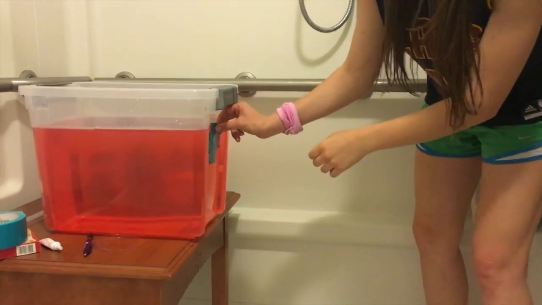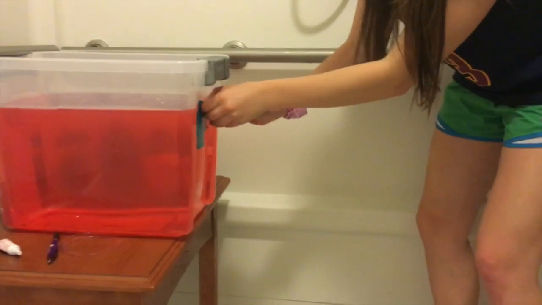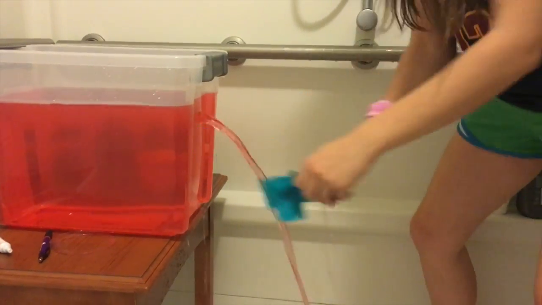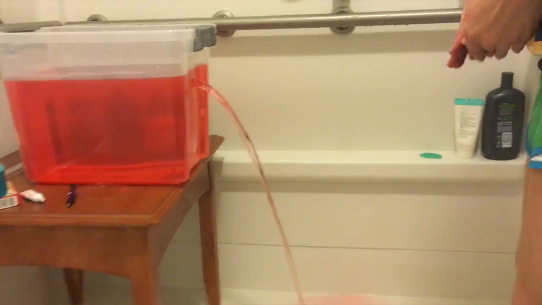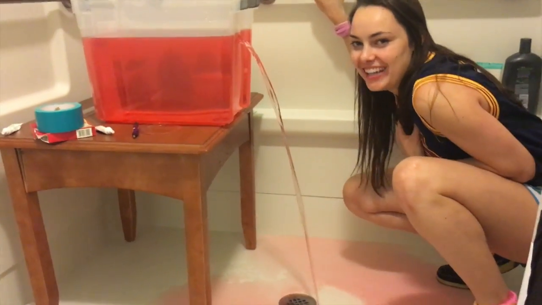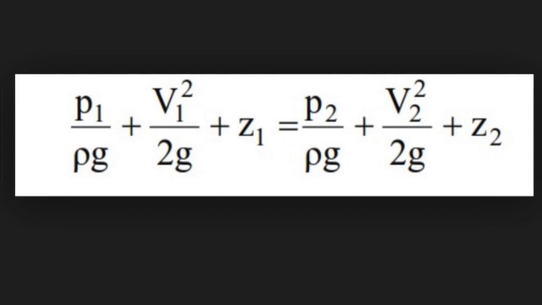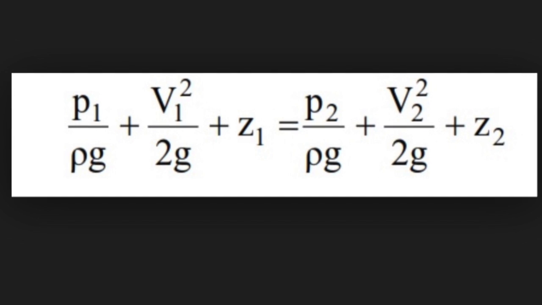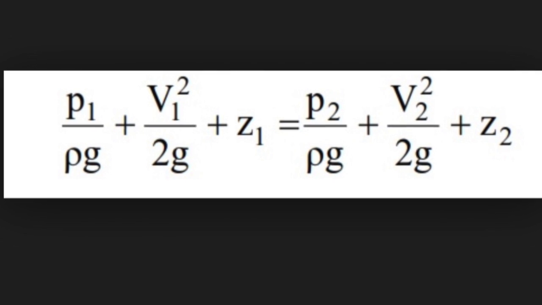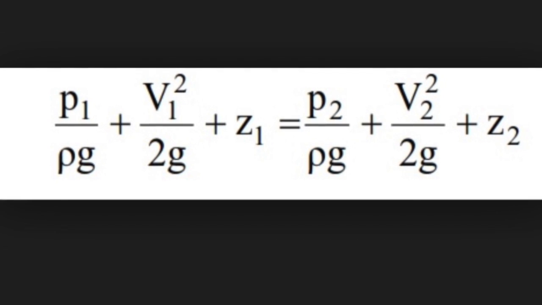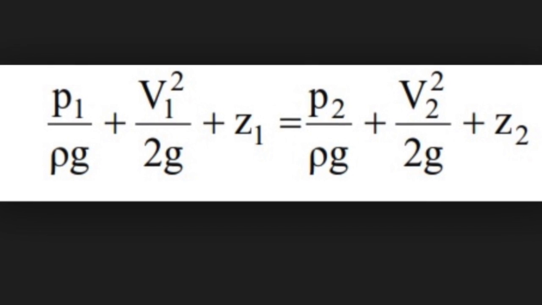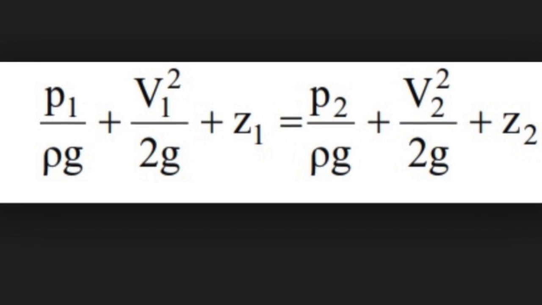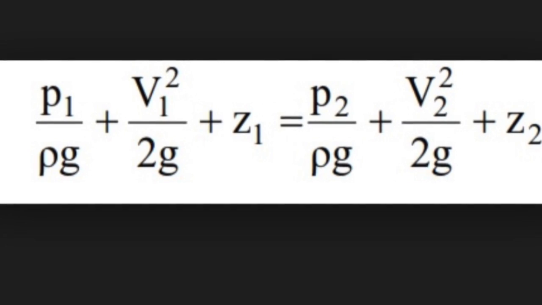Okay, now we're going to remove the duct tape to watch the velocity of the outlet flow. Now we are going to use Bernoulli's equation again to find the velocity and volumetric flow coming out of our second container, which has a Z1 value of 20 centimeters, while the diameter of our hole remains the same.